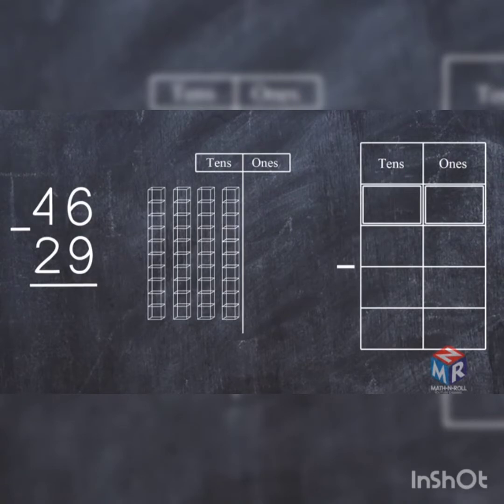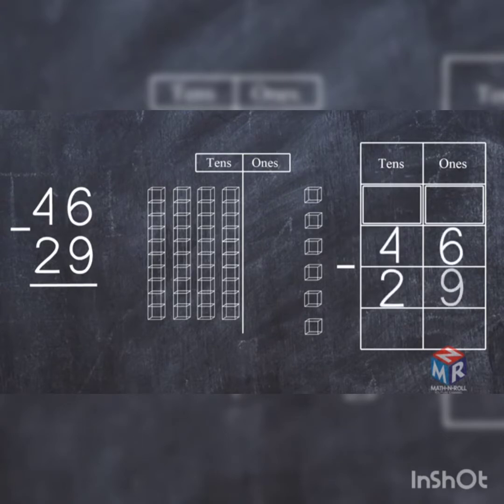Here 46 is the bigger number and 29 is the smaller number. 46 has 4 tens and 6 ones. Look at the numbers in the ones place. Here the digits are 6 and 9. 9 is bigger than 6. So we cannot subtract 9 from 6.